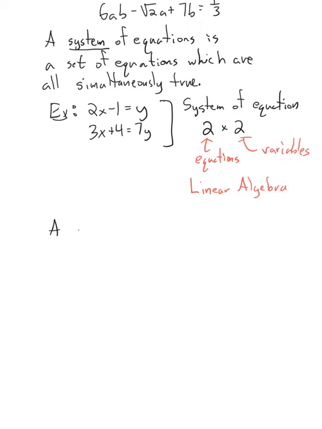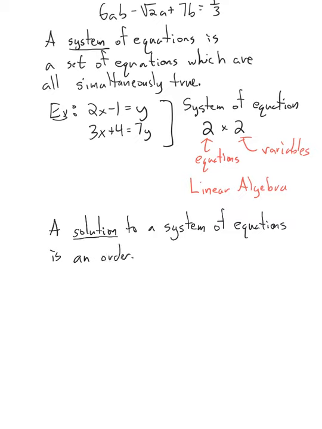So a solution to a system of equations is an ordered pair, or it could be a triple or n-tuple or whatever, for more than two variables.